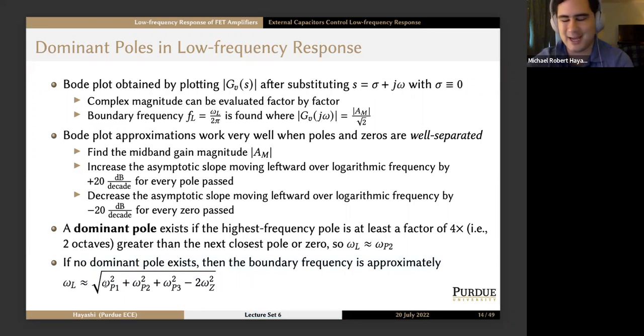You just have to take it as is. If you're really curious, go to lecture set J5, the imaginary lecture set that covers amplifier frequency response.